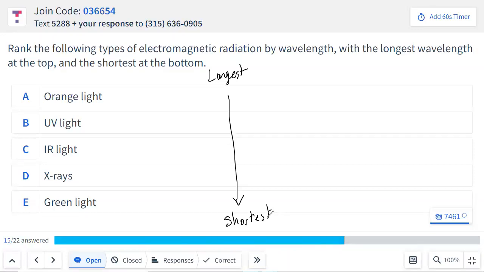All right, so if we start to look at this, right away, we see X-rays. We know that X-rays are high energy, low wavelength, high frequency light. They're going to be the shortest here on the bottom.